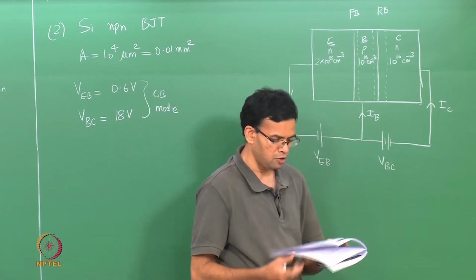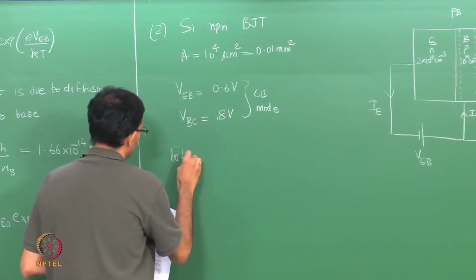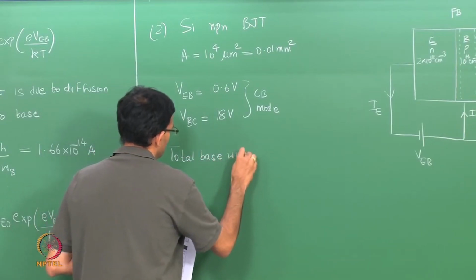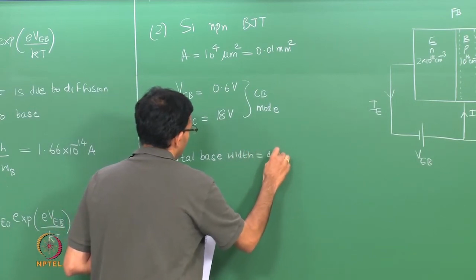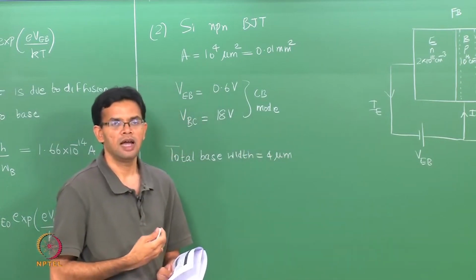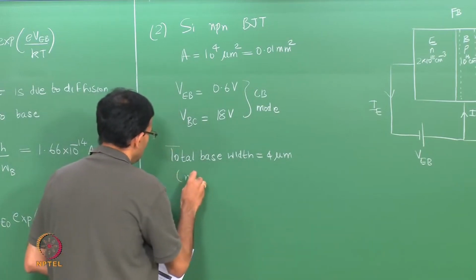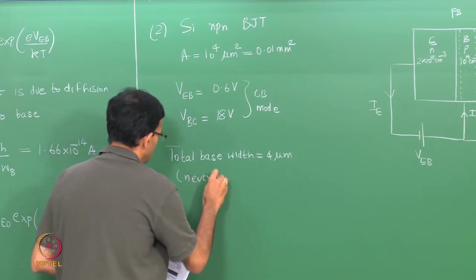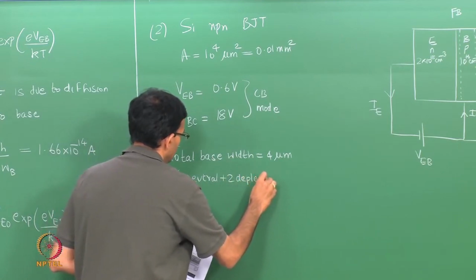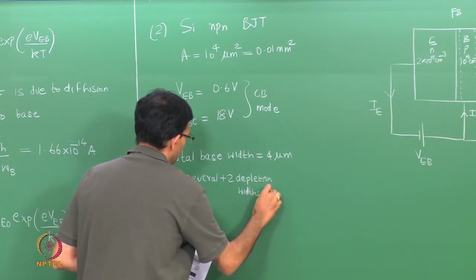The total width of the base is 4 micrometers. This includes the neutral region, and at the same time it also includes the depletion region. So, this is the neutral region plus the 2 depletion widths in the base.